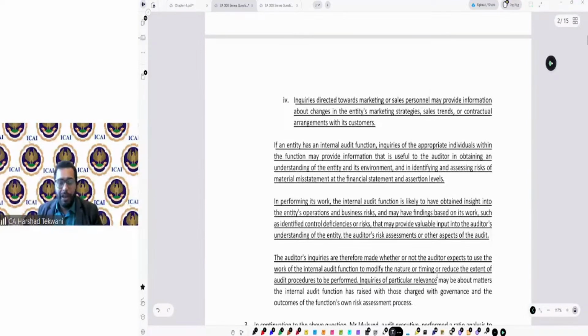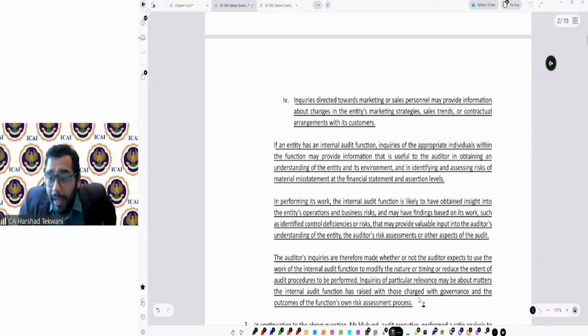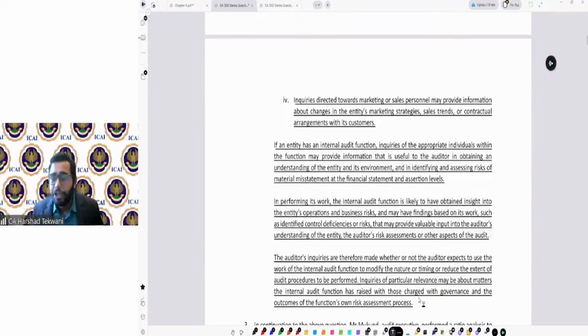Inquiries of particular relevance may be about matters the internal audit function has raised with those charged with governance and the outcomes of the function's own risk assessment procedures. It means if they have identified any observation during the period, then inquiries about such matters or issues they have identified will give you a good understanding.